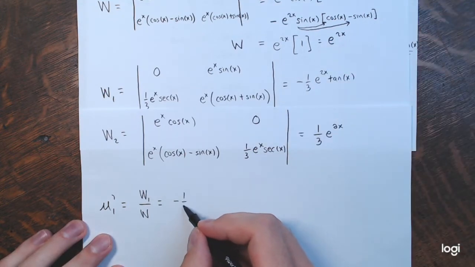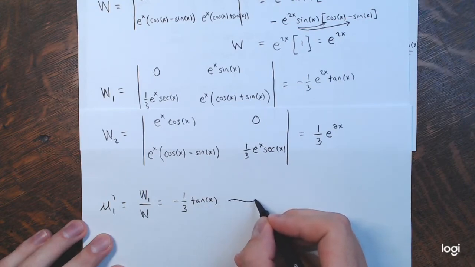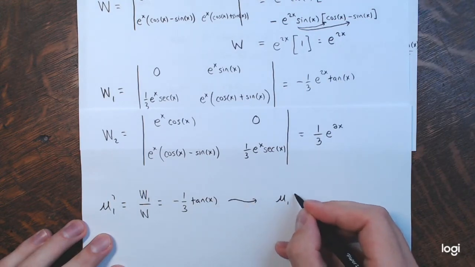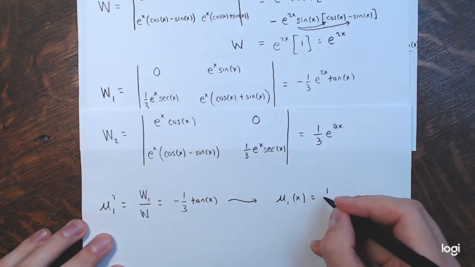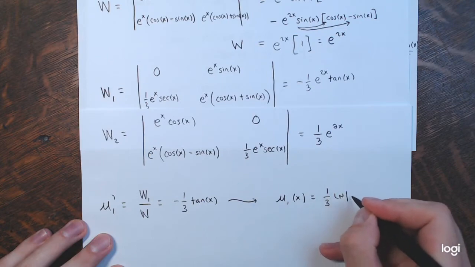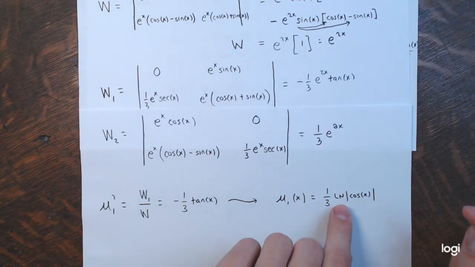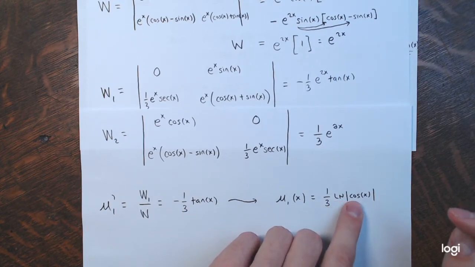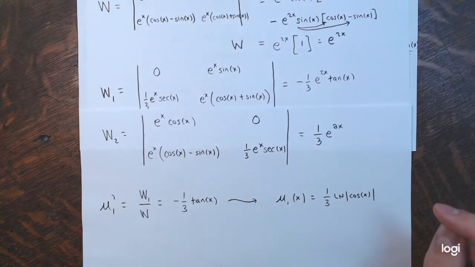I have negative 1/3 tangent x, and then integrating and ignoring the constant of integration, U1 would be 1/3 times the natural log of the absolute value of the cosine of x. Alright, because remember the derivative of natural log of cosine would be negative tangent. So that U1 is 1/3 the natural log of cosine.